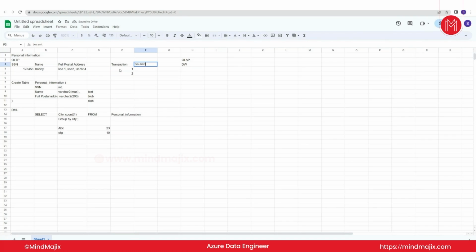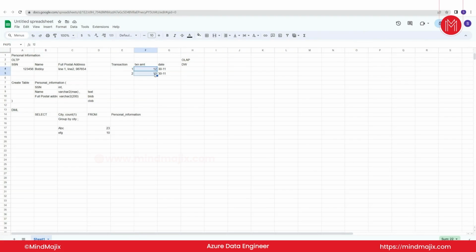It is something like $10, $12, on the same date, 30-11. For example, if you have made two transactions on 30th of November, on the same date, you have spent in two places $10 and $12.